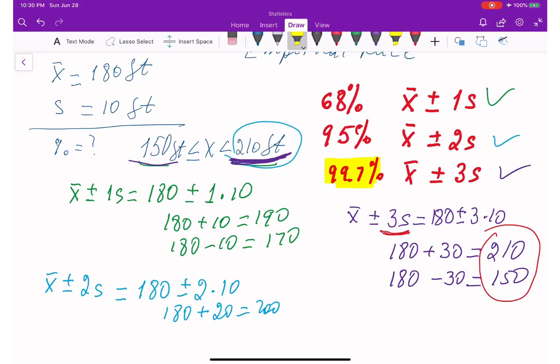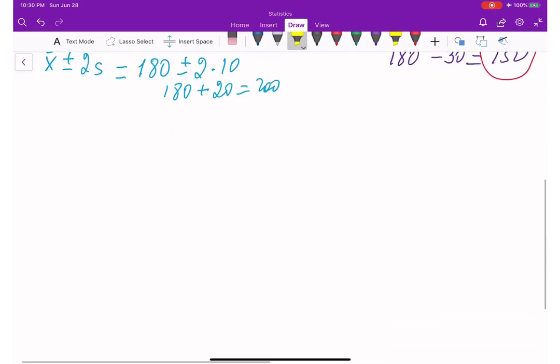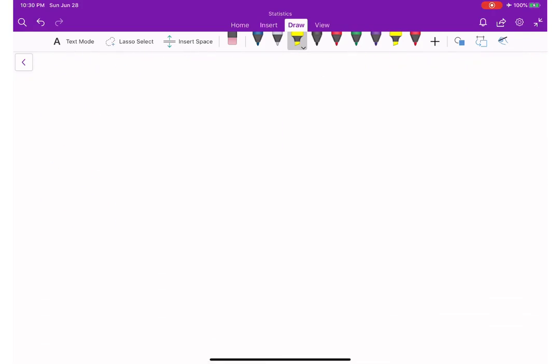We can draw the conclusion that 99.7% of white pines are between 150 and 210 feet. That's all. Till next problem.